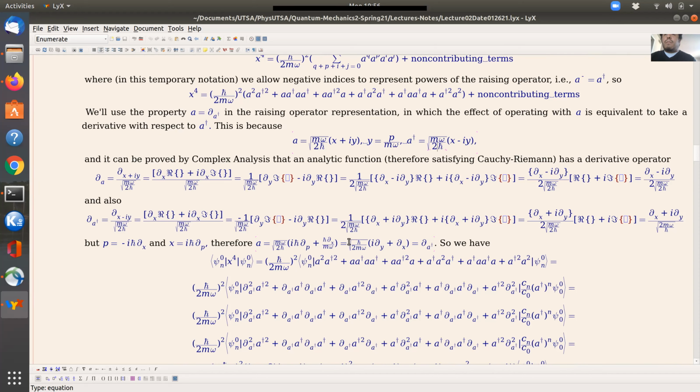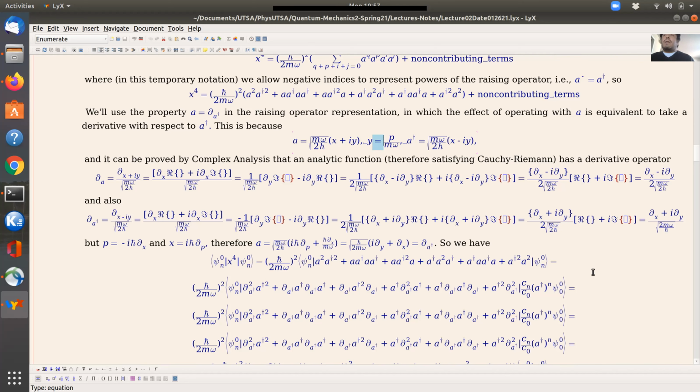By identifying what y is in terms of P, you get that A is equal to this square root of this term times i dy plus dx. And if you go back to the identification, this is where you get that this is equal to the partial derivative with respect to A dagger. Okay, so this is a short sketch of the proof of why you would get A equal to the partial derivative with respect to A dagger in this representation.